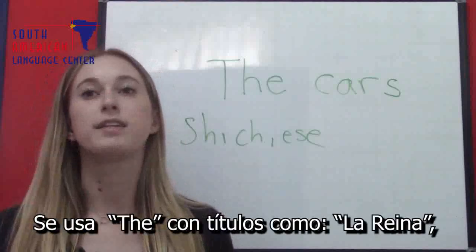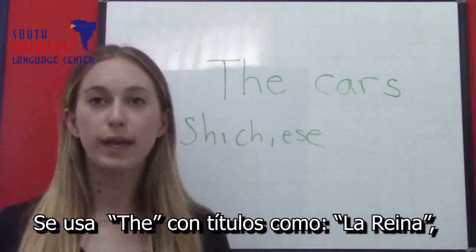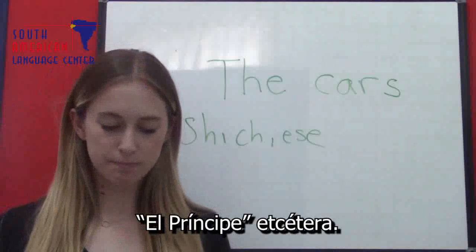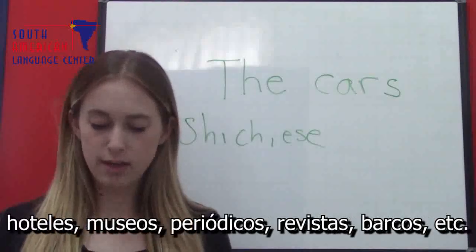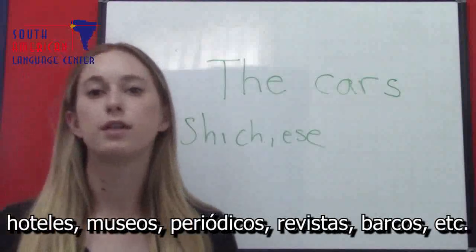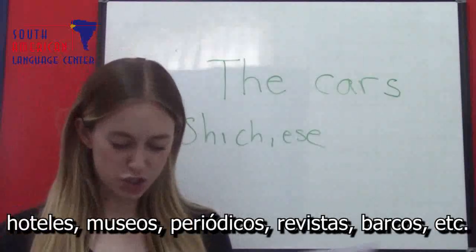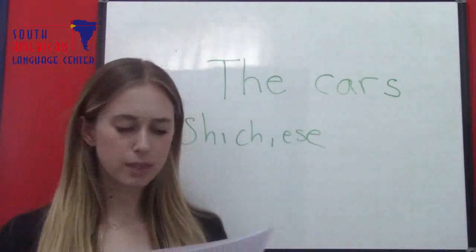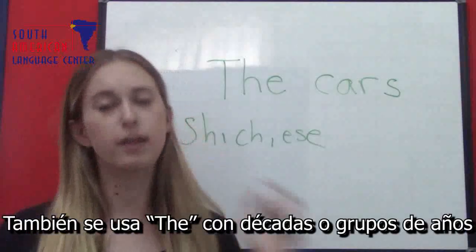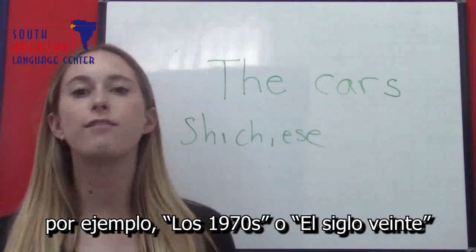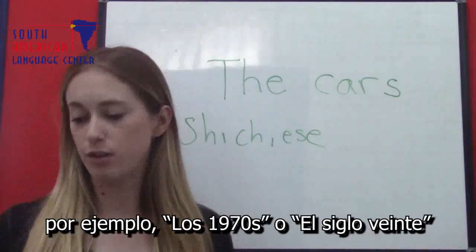You use the with titles, for example, the Queen, the Prince, etc. You use the with the names of cinemas, of theaters, of hotels, museums, newspapers, magazines, ships, etc. You also use the with decades or groups of years. For example, the 1970s or the 20th century.